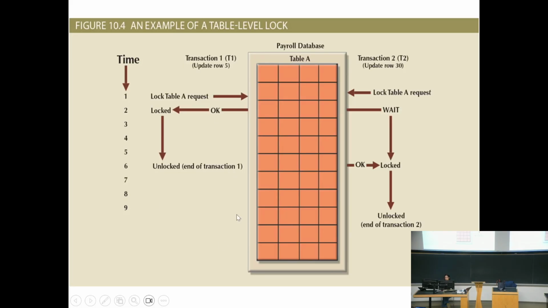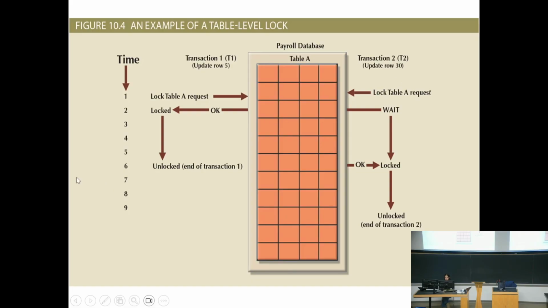And then we have an example here: transaction 1, for example, wants to update row 5 in the table. This is table A. So it requests a lock on the whole table. And the database grants this lock, so while T1 is working on this table, nobody else can update or access this data, right? Then transaction 2 comes in and wants to update a different row, let's say row 30, but the table is locked, right?